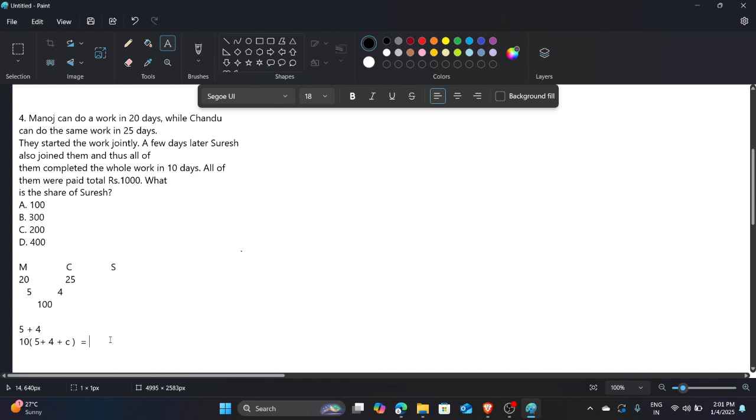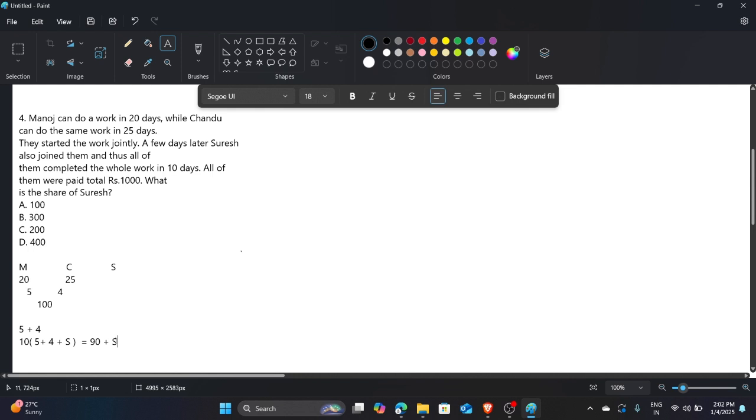So according to the solution, I will explain this: the 90 units of work is completed by Chandu and Manoj, and the remaining work that Suresh has to do is only 10 units.